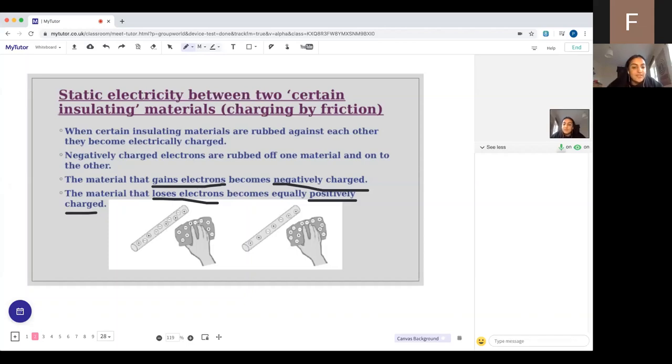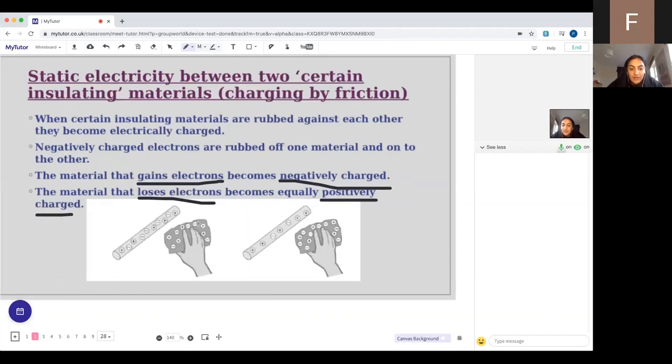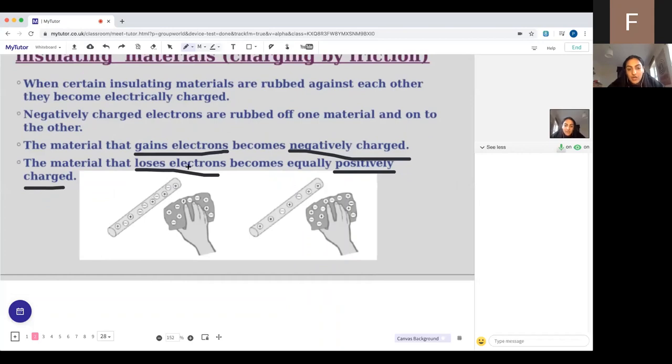Okay, now if we zoom in on this diagram here, we can see a mixture of charges on the rod and a mixture of charges on the cloth. Now, in between these two pictures, they've rubbed the materials together, and what's happened is we've got an overall charge on the rod of positive. So you can see there's more positive charges on the rod.